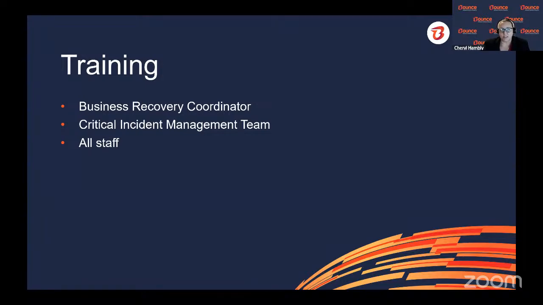I would personally just put them into the critical incident management team training and do it as a consolidated session. But depending on the size of your organization, if you have multiple campuses and an extra layer of structure, you may have a separate business continuity team, in which case you need to run training for that team. In this case, I'm referring to it as a business recovery coordinator.